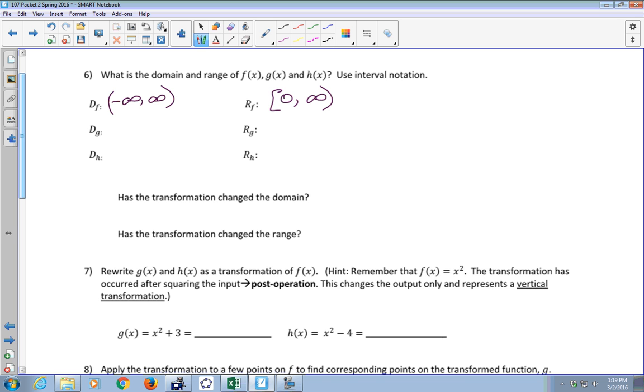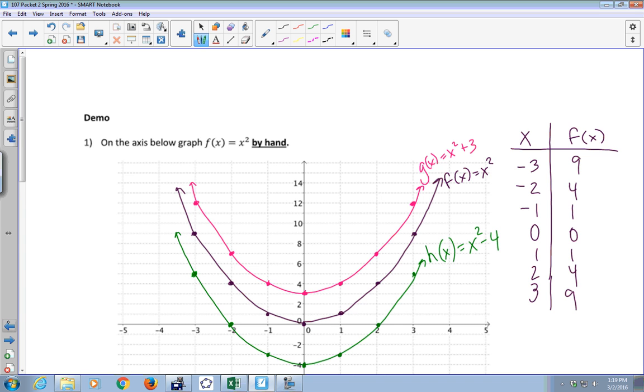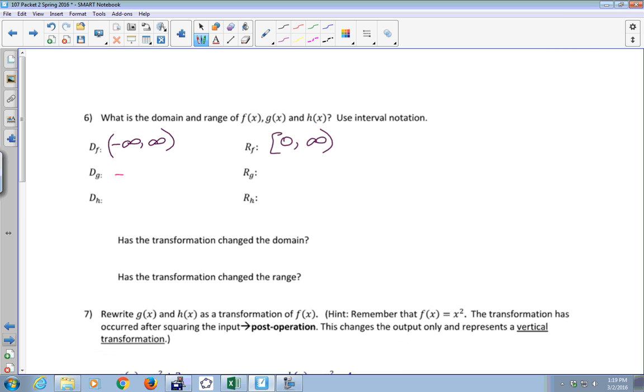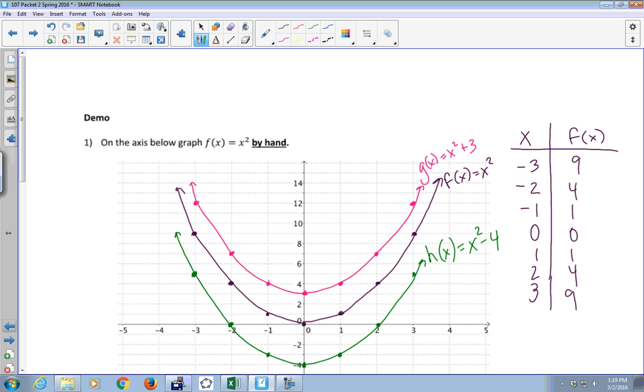How about g? Let's just look at its graph and try to do this one from its graph. So the domain of g, looking at the pink graph here, what x values does this guy live on? All of them. Good, so negative infinity to infinity. And then its range, though, is the smallest y to the largest y.